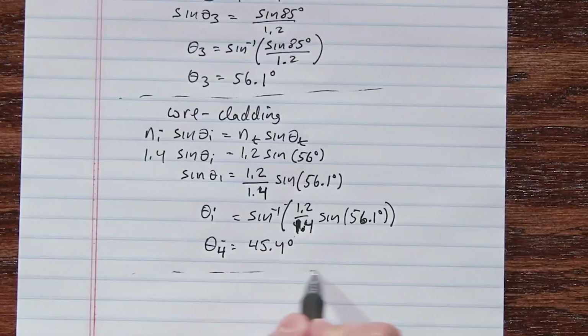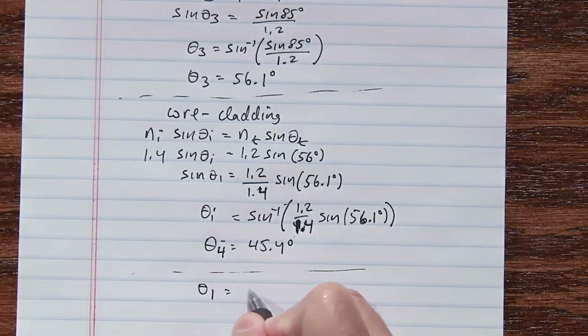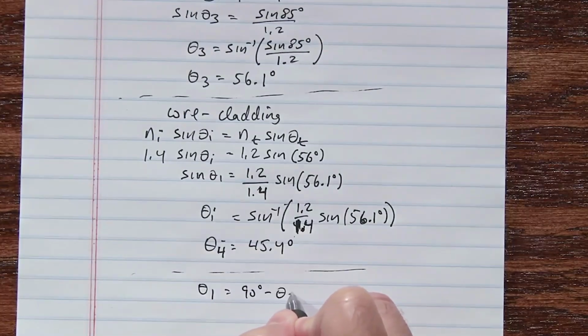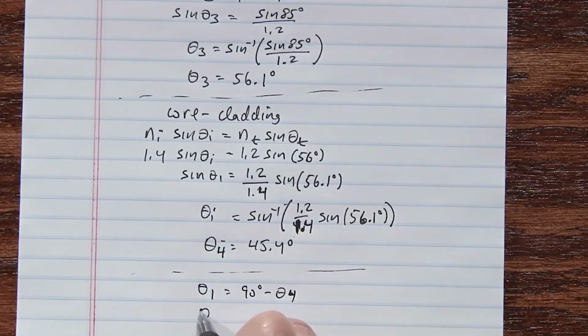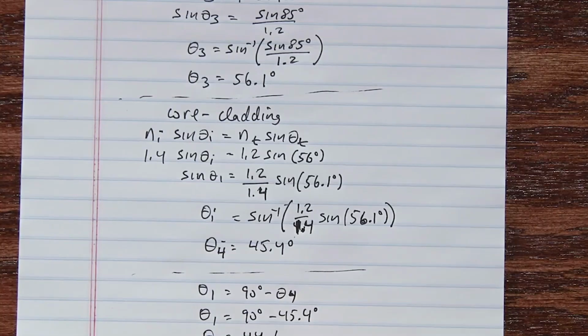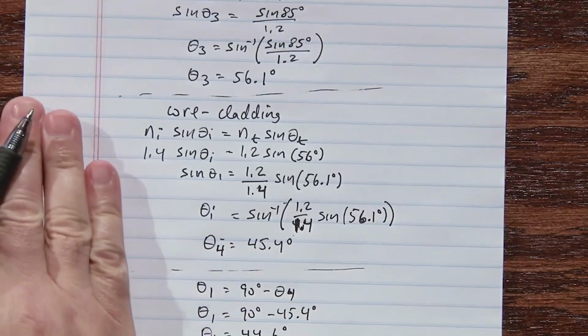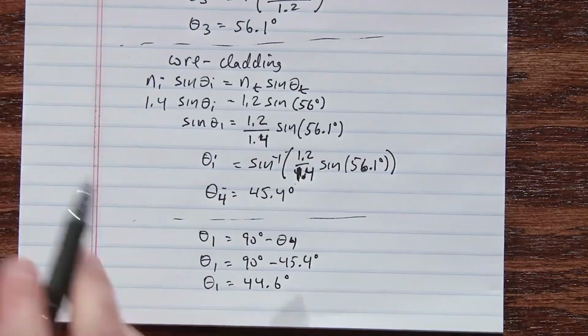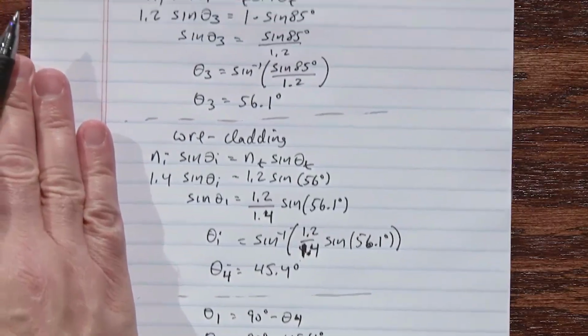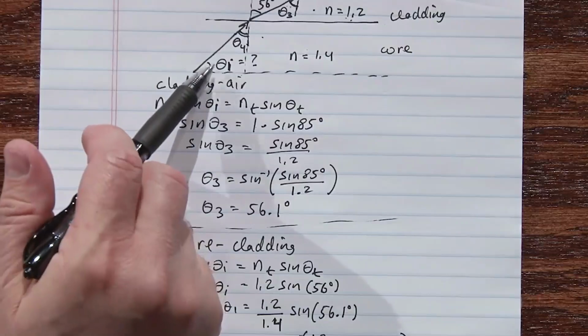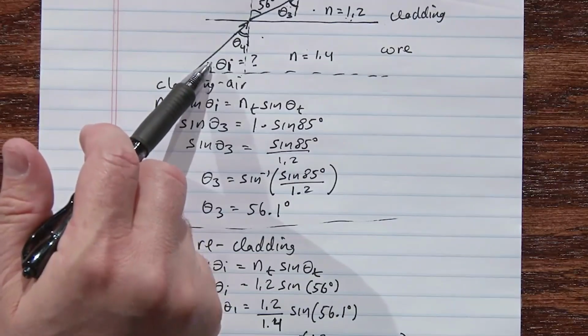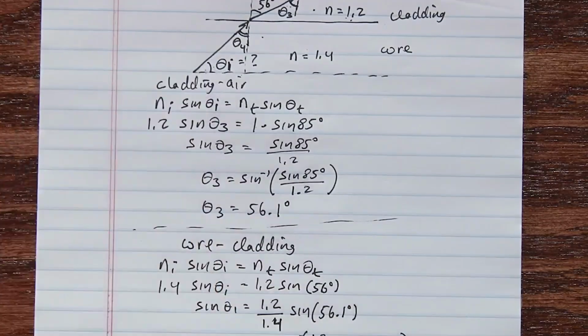So we're looking for theta 1, which is equal to 90 degrees minus theta 4, or theta 1 is equal to 90 degrees minus 45.4 degrees. So theta 1 is going to be 44.6 degrees. Theta 1 is 44.6 degrees, so that is what we were asked for. We were asked for this angle right here, theta 1, and it is 44.6 degrees.